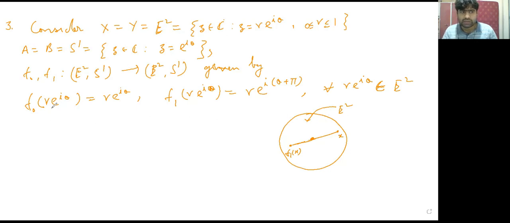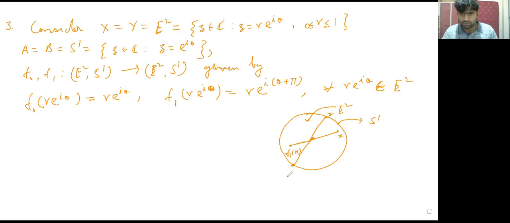So you can see that because F0 is identity, S1 goes to S1, it is fixed. And F1, if you have a point here on this S1, then it will be mapped to a point here, right?